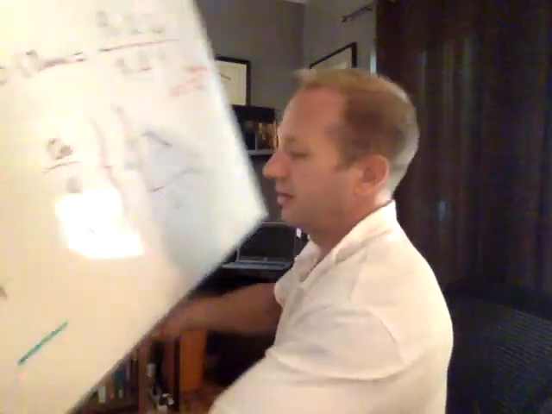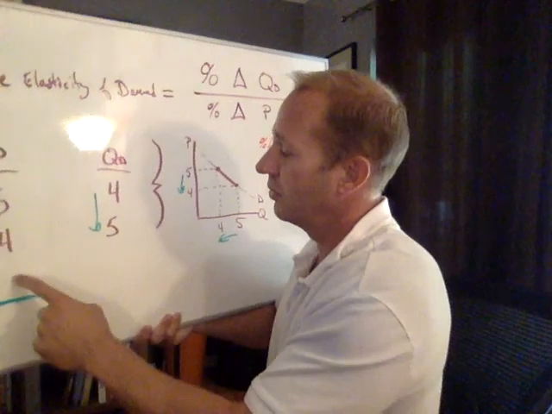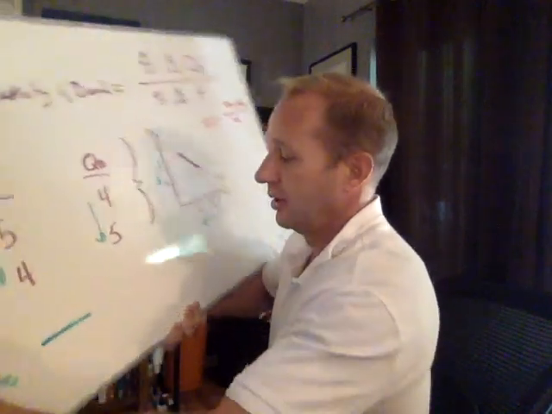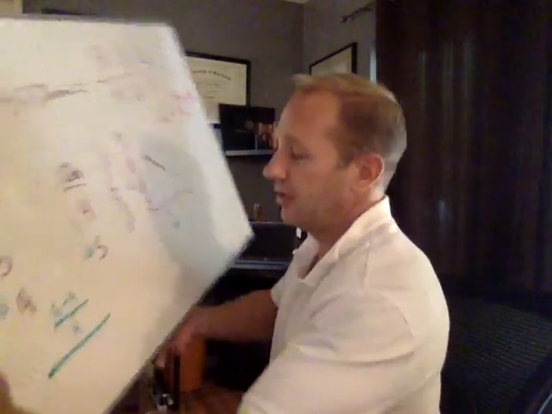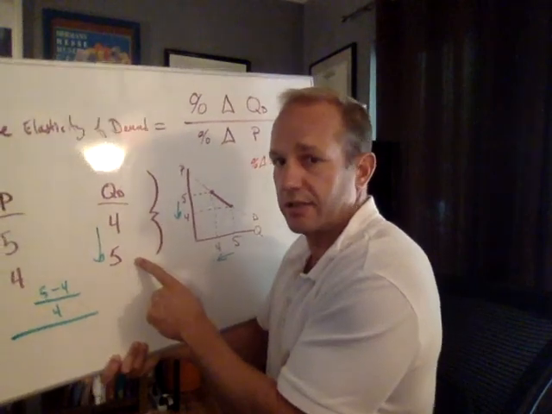So my elasticity then is equal to my quantity. My new quantity is 5, right? Because we're talking about a price fall. So new minus old over old. I'm sorry, this bar is my main bar. So it's new minus old over old. 5 minus 4 over 4. This will represent my percent change in the quantity demanded.